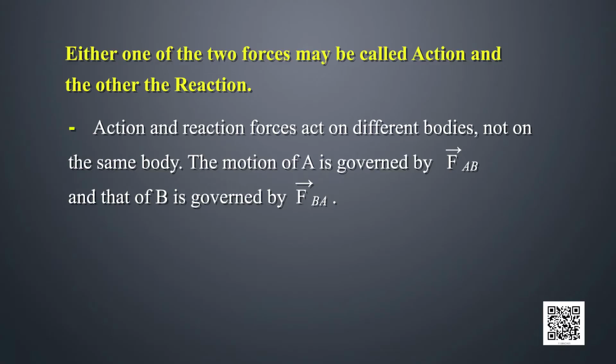Either of the forces can be called action and the other is called the reaction. Action and reaction forces act on different bodies and not on the same body. The motion of A is governed by FAB, that is, the force due to B on A, and the motion of B is governed by FBA, that is, the force on B due to A.